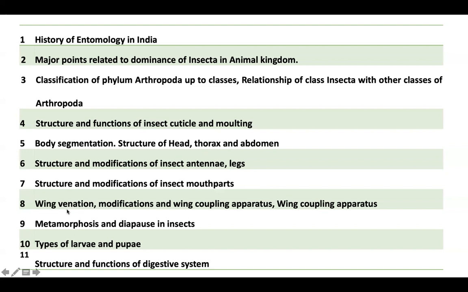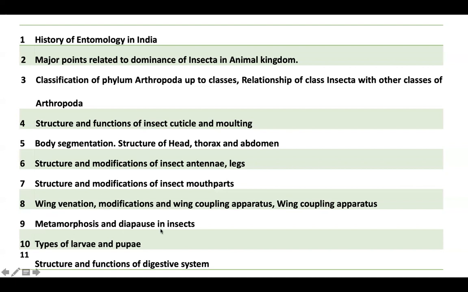Then you will be dealing with wing venation, modification of wings and wing coupling apparatus. What kind of venation is there? Different insects have different wing venation, and their wings are joined together with some coupling apparatus to the body, so that you will study.